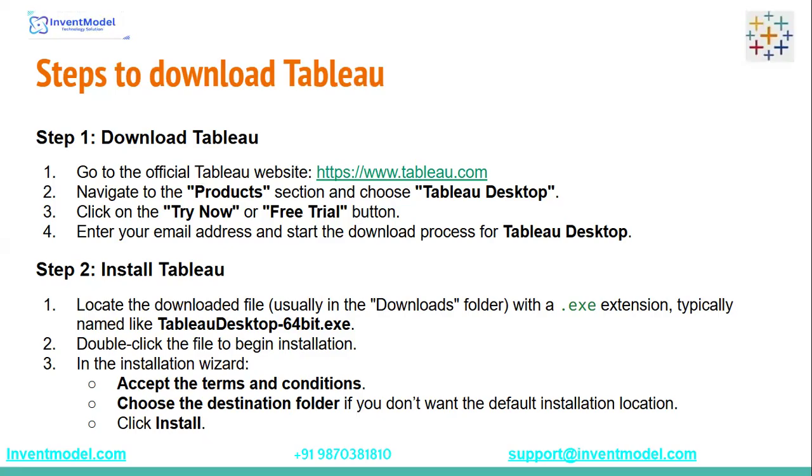Enter your email address and start, and the download process will begin. The second step is to locate the file, which typically has a name like Tableau Desktop 64-bit, then just double click on it and it starts installing.